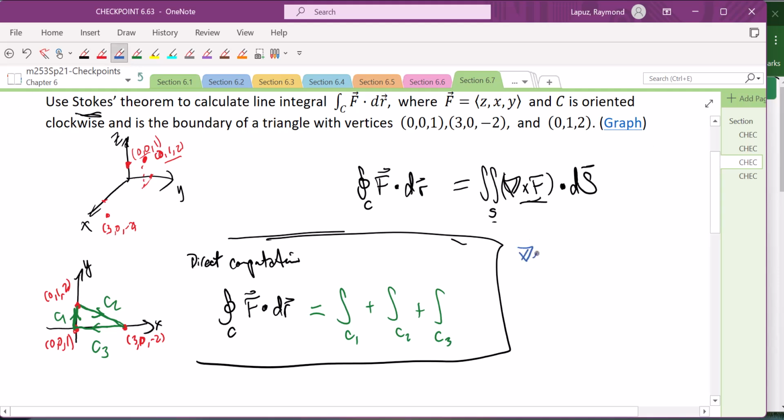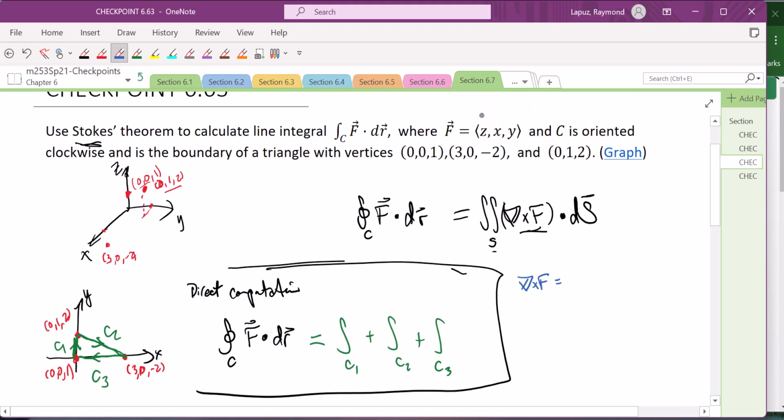The curl of F will be, let's see, this is our vector field, so imagine we take the cross product of the del operator with this vector field.